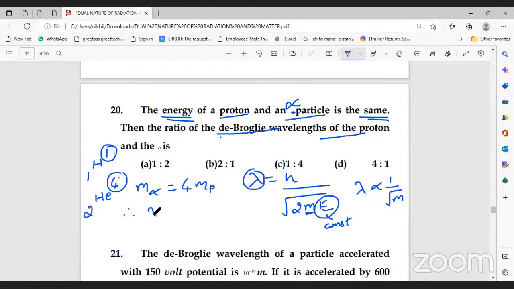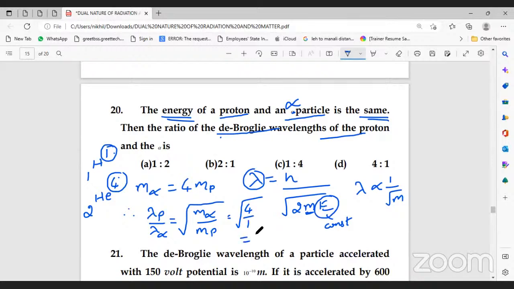Therefore, can you tell me what is lambda p by lambda alpha? Root of mass, inverted: alpha over proton. So it becomes mass of alpha divided by mass of the proton. This is 4 by 1.